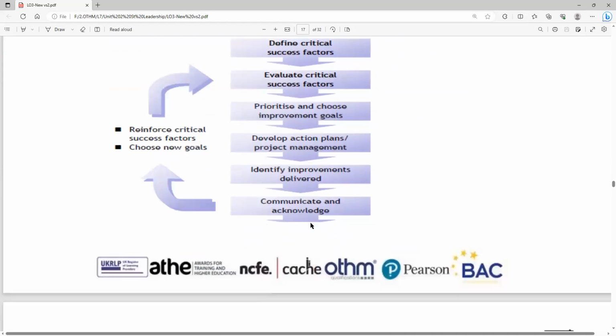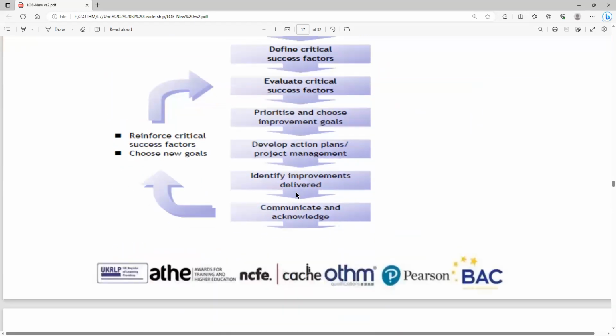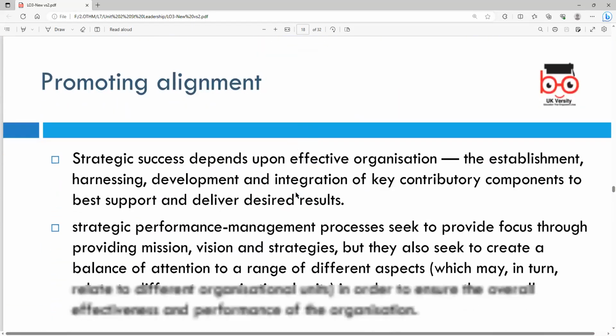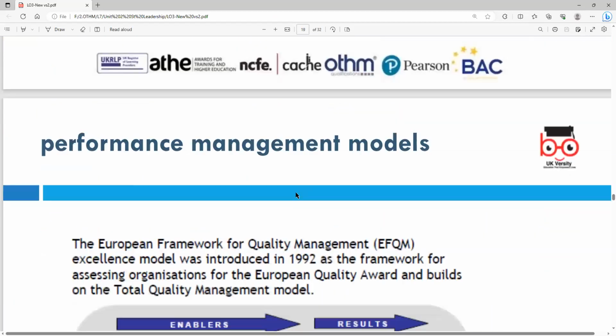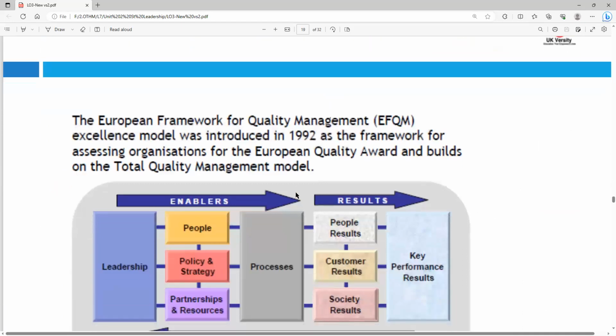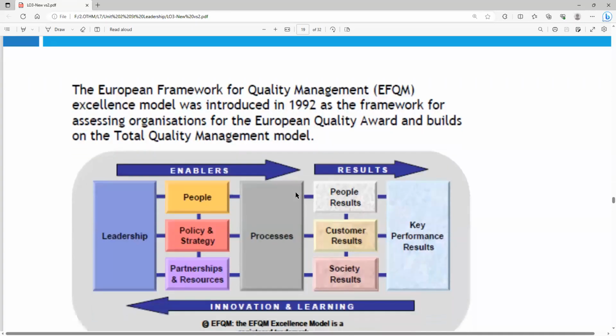You can find some information on searching for impact and the Mark Samuel model using the CSF. So you can look at the critical success factors, choosing new roles, and you can use these models. Another model we can look at is performance management models like the European Framework for Quality Management, the EFQM model, which builds on the Total Quality Management, TQM model.